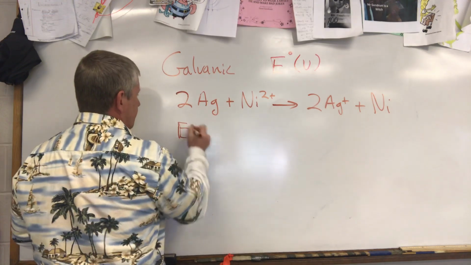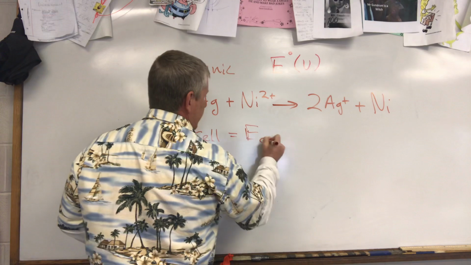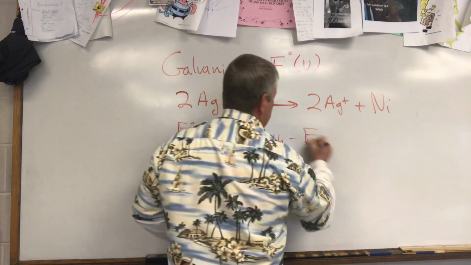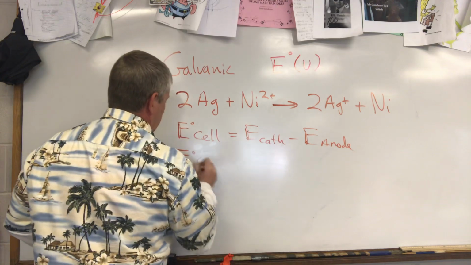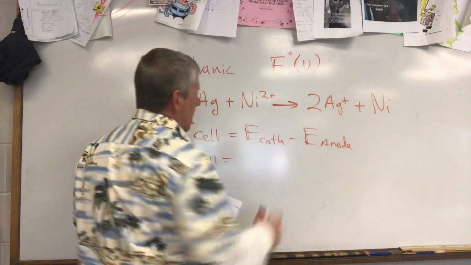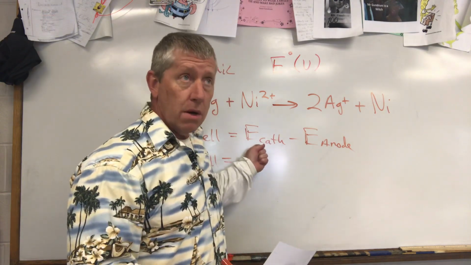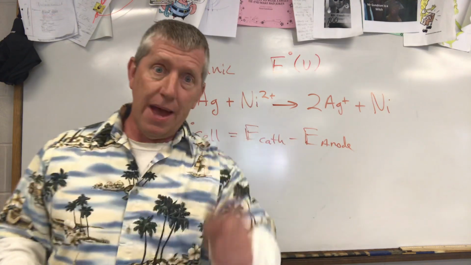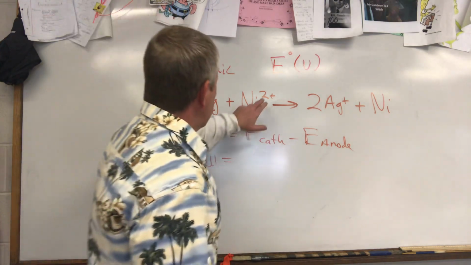E of the cell equals E at the cathode minus E at the anode. Okay. E of the cell, E of the cathode. The cathode is where the reduction happens. So I'm looking for the thing up here that gets reduced. Nickel gets reduced.